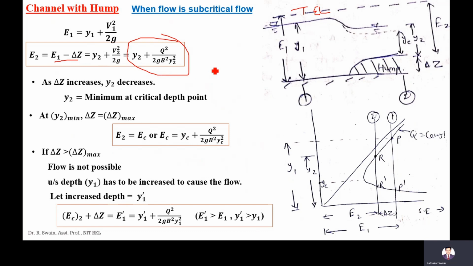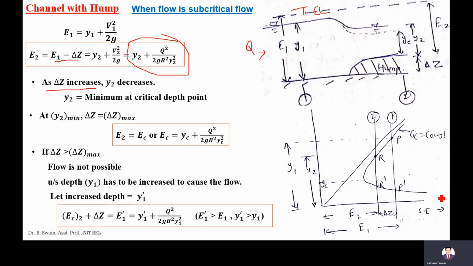So as delta Z increases, what will happen? Consider the specific energy diagram, depth versus specific energy. Here the discharge is not changing, the discharge is constant. Due to the hump, the specific energy decreases. For one particular discharge, you get only one curve.